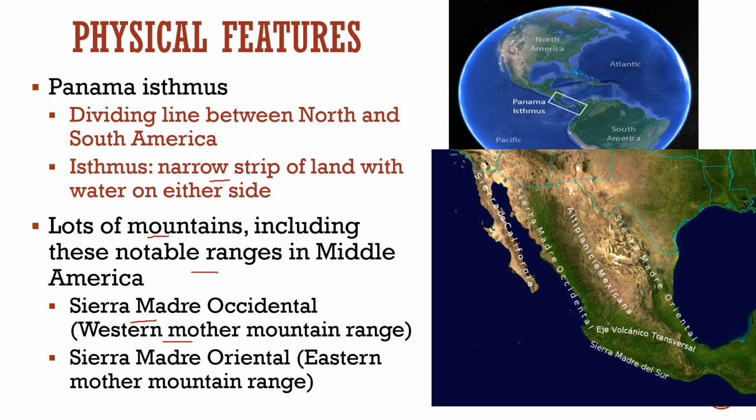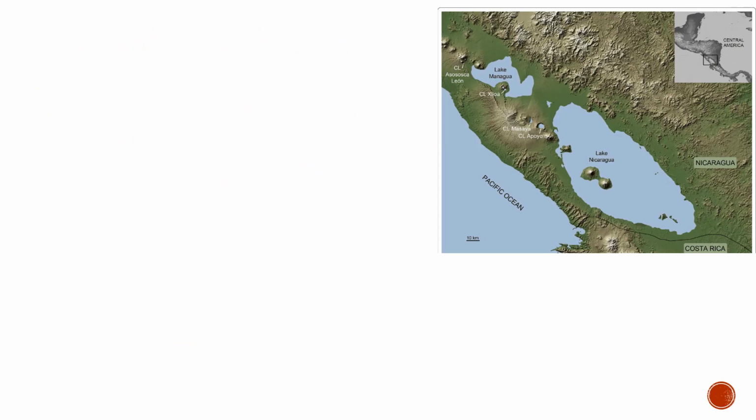Then we also have the Sierra Madre Oriental, and that's the eastern mother ridge. So again, you can see them here, the Sierra Madre Occidental on our west side, and then the Oriental on the eastern side. But then many other mountains come off of those to make this very mountainous terrain.